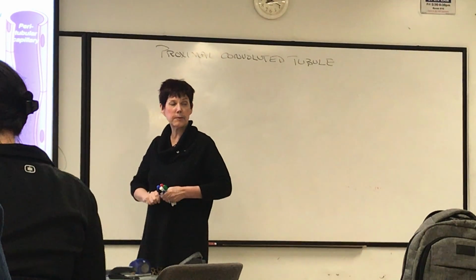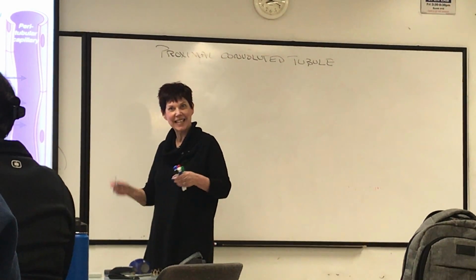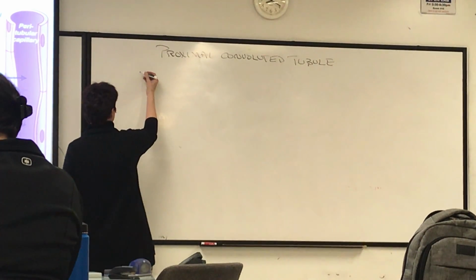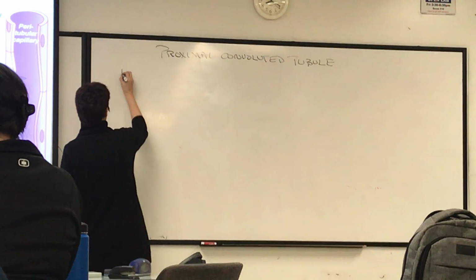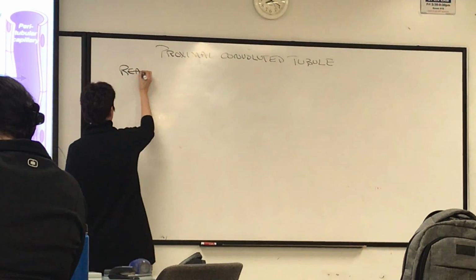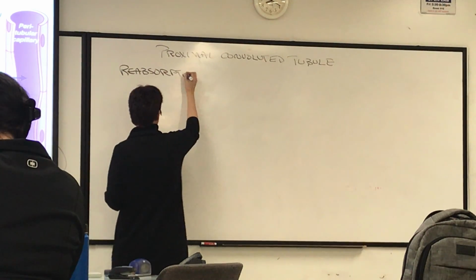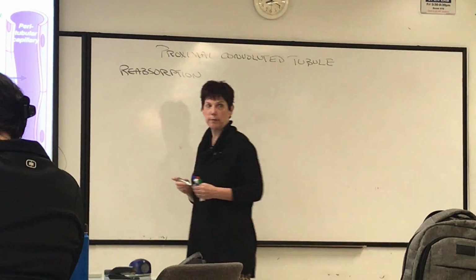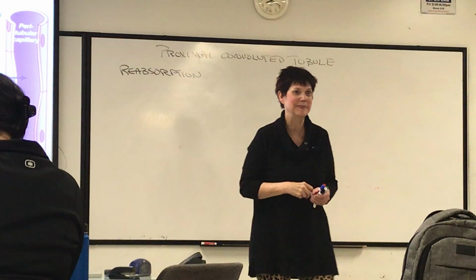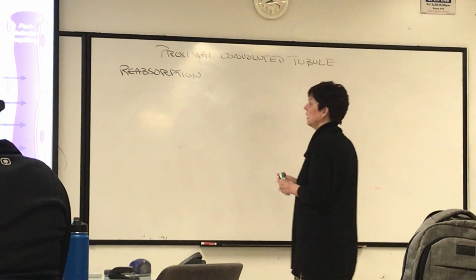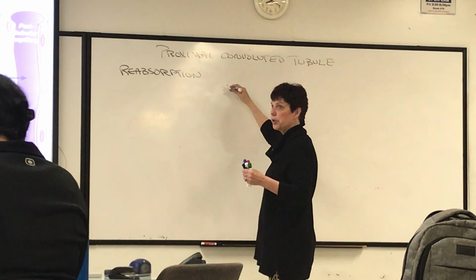So reabsorption is when we take what's been filtered and it's returned to the blood. What vessel contains the blood it's returned to? We're in the proximal convoluted tubule. What are the blood vessels that surround the proximal convoluted tubule? The peritubular capillaries, all right? So I'm going to draw a simple cuboidal cell.